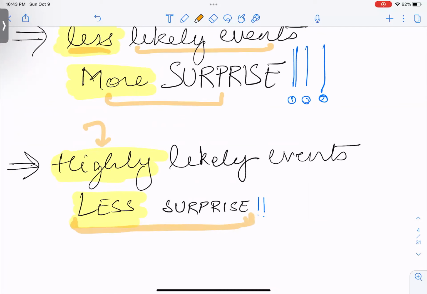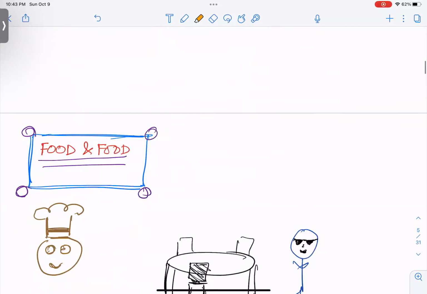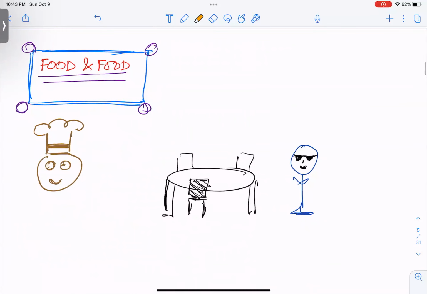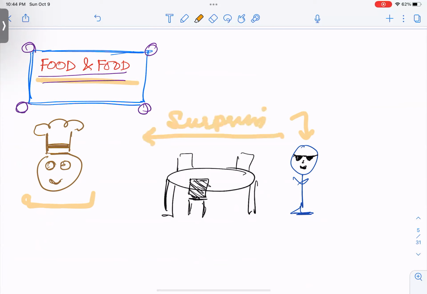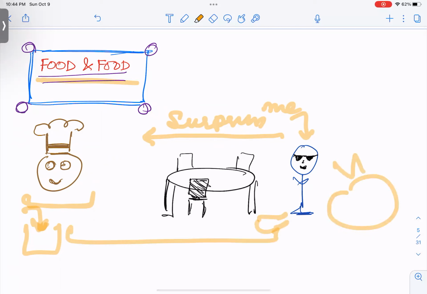We can look into one example. Let's assume there is a chef and we are in some restaurant. We go to the chef and we say, surprise me. Now the chef goes into the kitchen, gets something cooked, brings that back to you, and you are surprised because you never knew what dish the chef was going to bring.